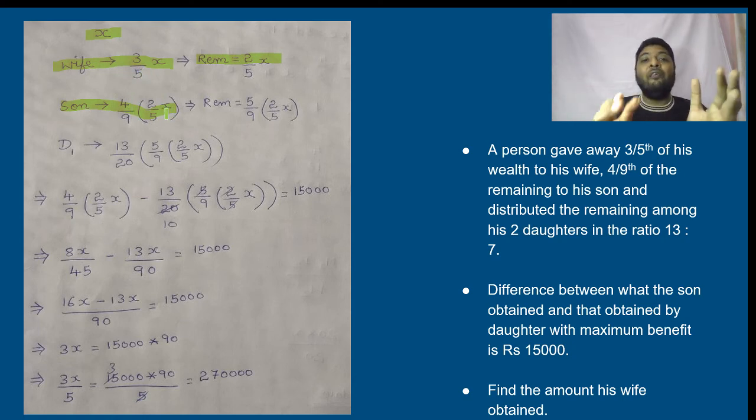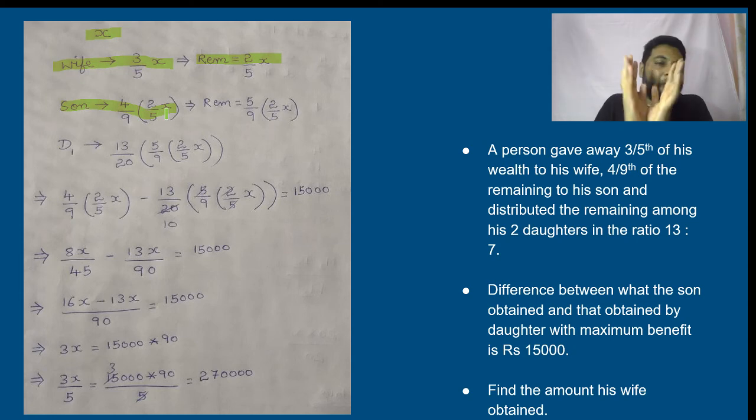Or in other words, when the remaining was 2/5X, 4/9 of this 2/5X was given away to the son. So how much is remaining? 5/9 of 2/5X. Let us keep it that simple. So the remaining is 5/9 of 2/5X.